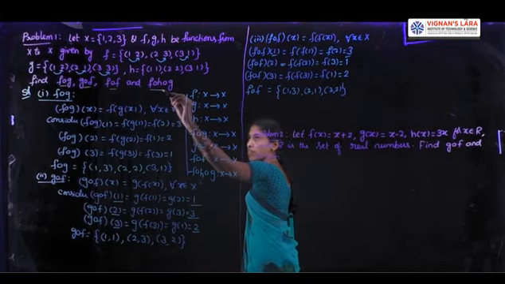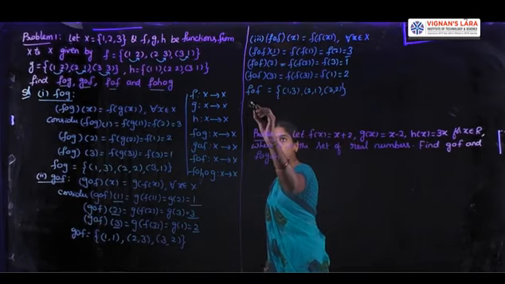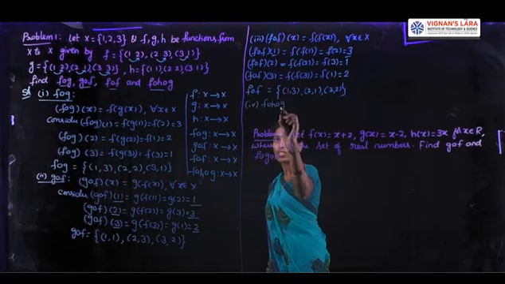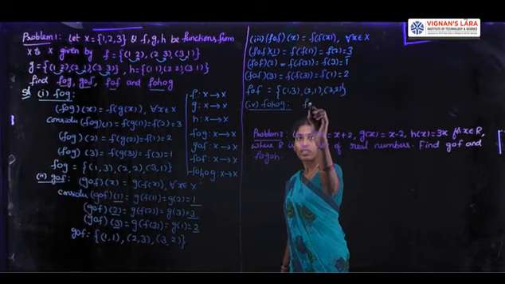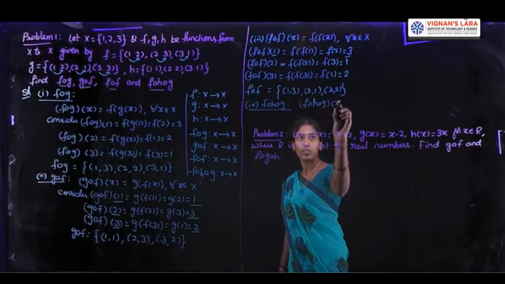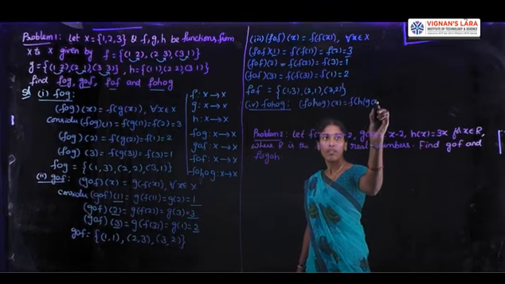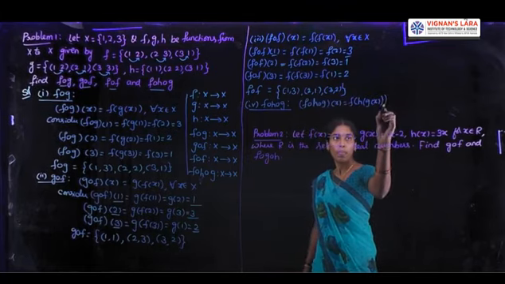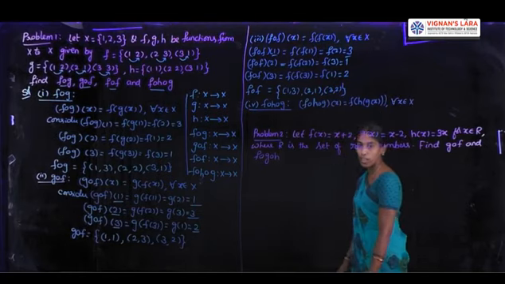Next one is F circle H circle G. Now we will see the fourth one. Calculation of F circle H circle G. How can we define it? F circle H circle G of x is equal to F of H of G of x for each x belonging to set X. Right?